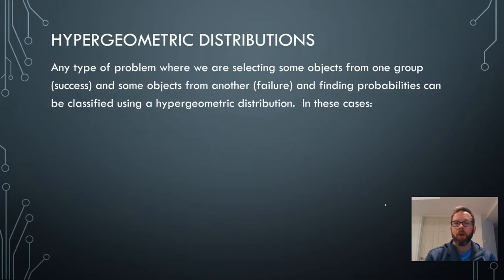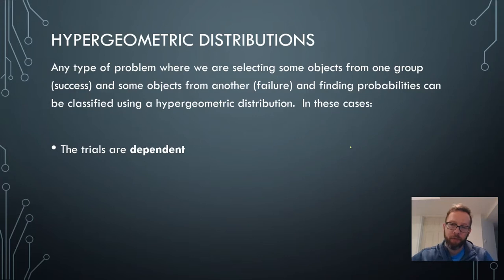So any type of problem where we're selecting some objects from one group, which I call a success group, and some objects from another group, which I often refer to as a failure group, and finding these probabilities can be classified using what we call a hypergeometric distribution. In these cases, the trials are dependent. That is the big difference between this distribution and the binomial distribution.